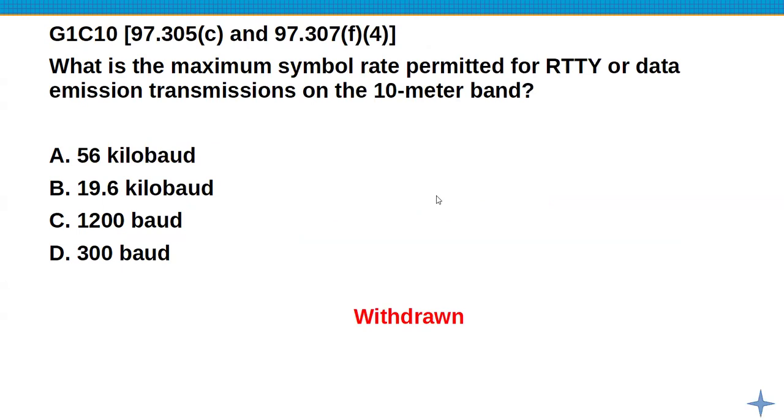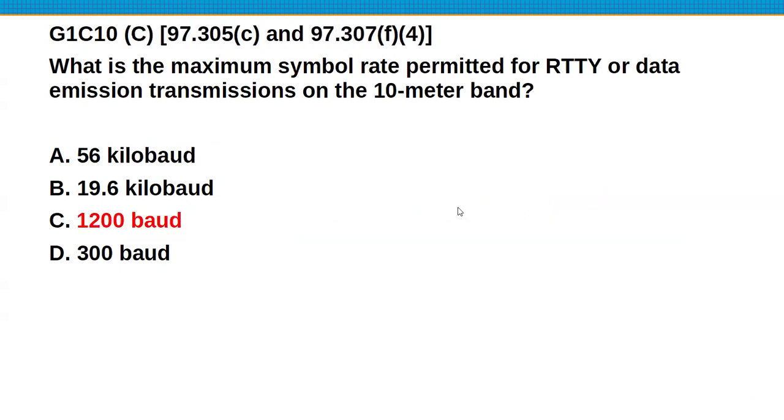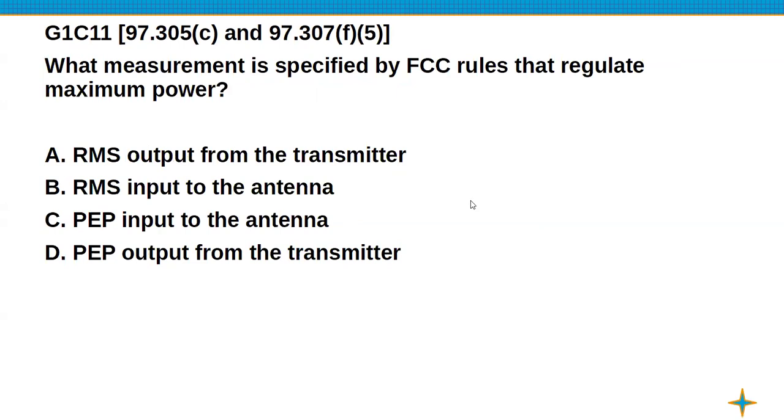The maximum symbol rate permitted for data mode, which is 1200, Charlie, 10 meters. Because below 10 meters is 300, so 10 meters and up, it's 1200. But it's not a question anymore, so it's just something to remember.